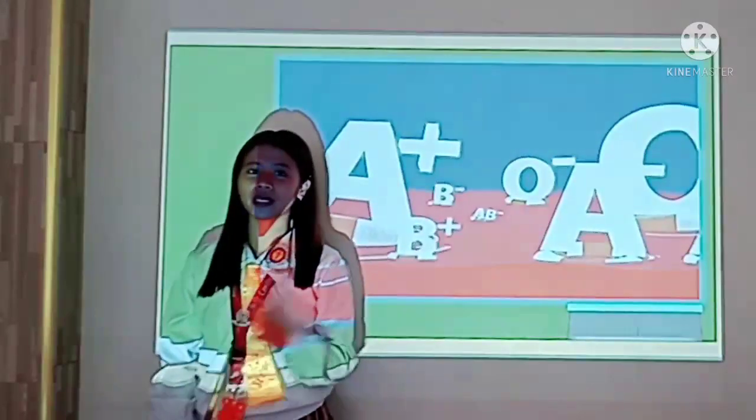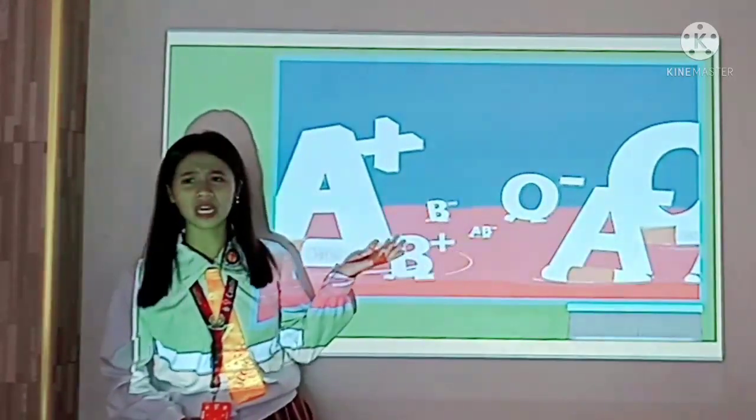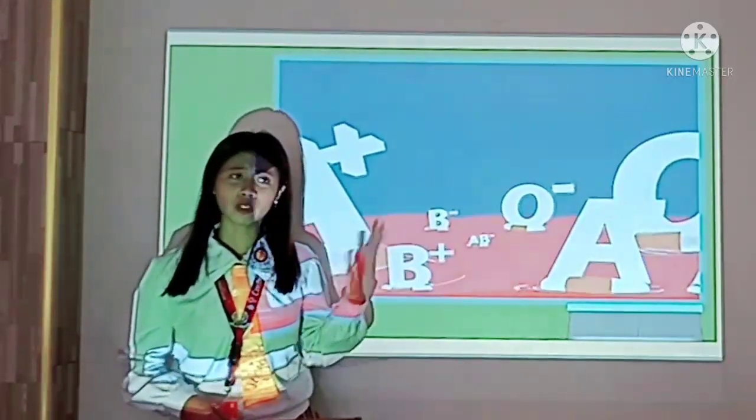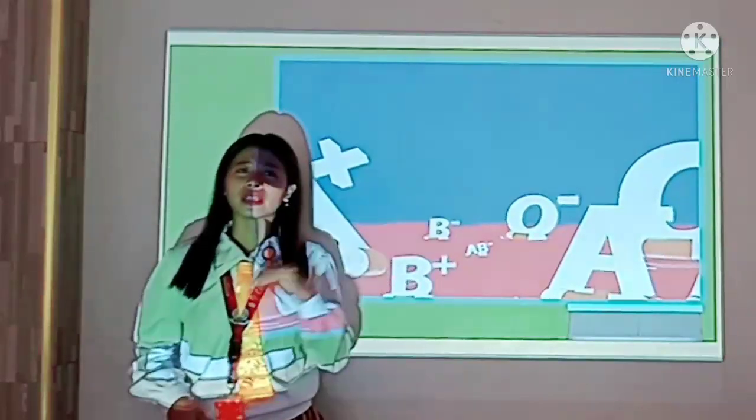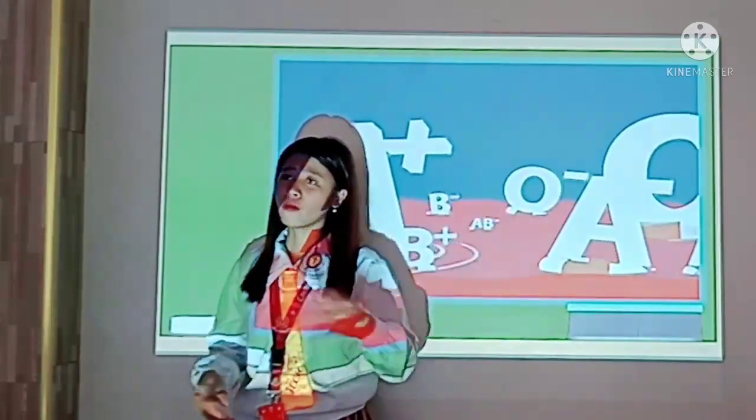Okay, now let's proceed. As you can see in the picture, we have different types of blood. However, the appearance of our blood is similar to one another. However, of course, we have different types of blood.